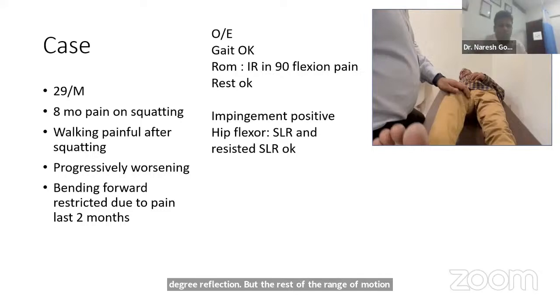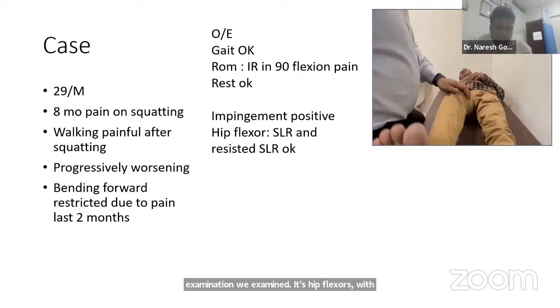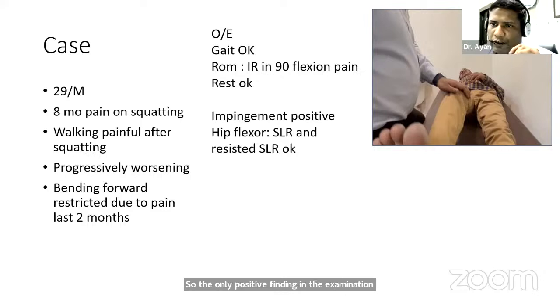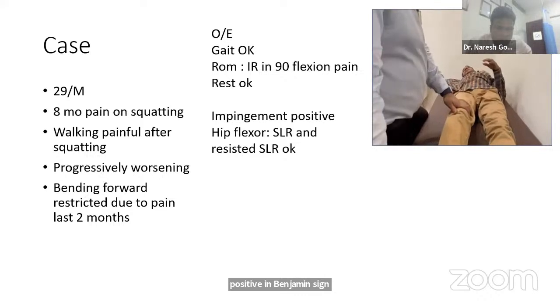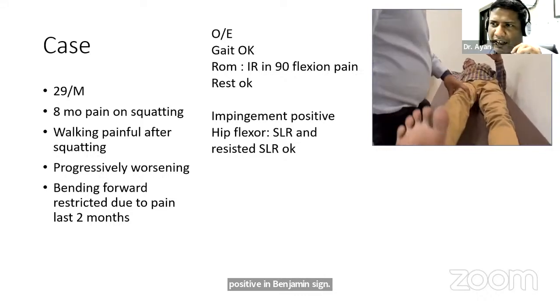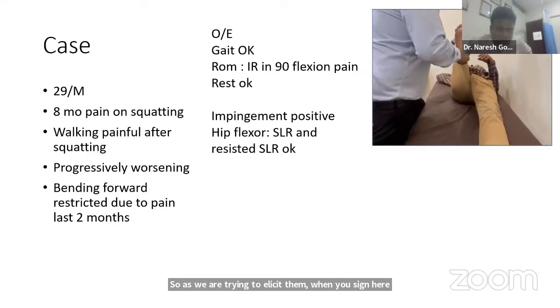He had a positive impingement sign, and we examined his hip flexors with resisted straight leg raising, which was okay. So the only positive finding was a positive impingement sign. As we tried to elicit it, he had a wincing face.